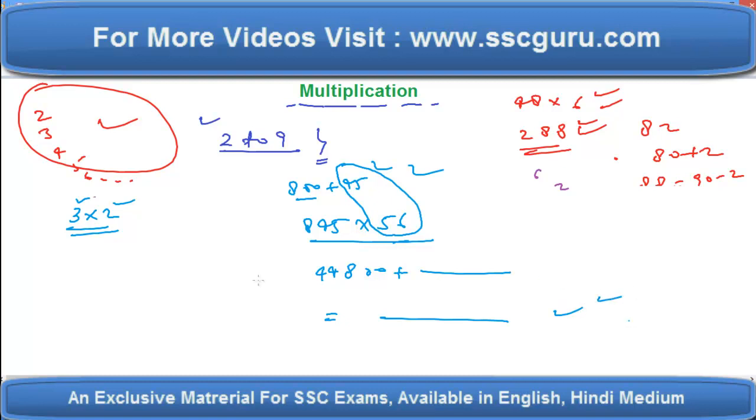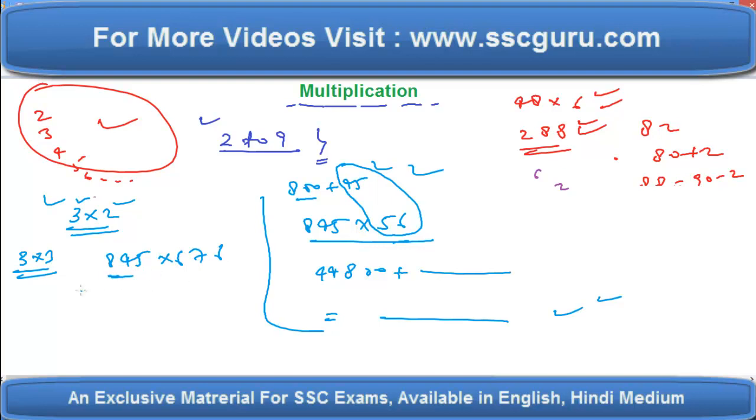Generally in competitive exams like SSC and banking exams, multiplication mostly comes in the form of 1 digit into 1 digit, 2 into 2 and 3 into 2. There is no need to go ahead, but suppose you get the 3 by 3 form, a 3-digit number into a 3-digit number, such as 845 into 676.